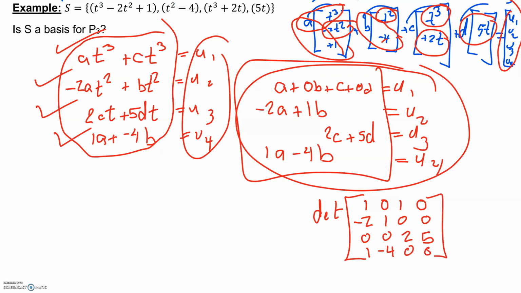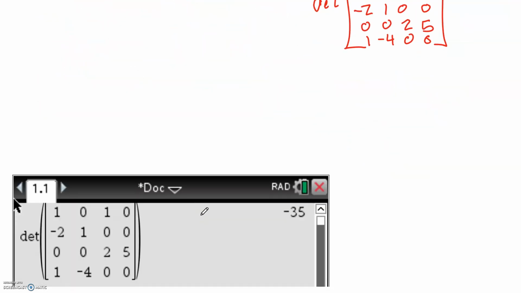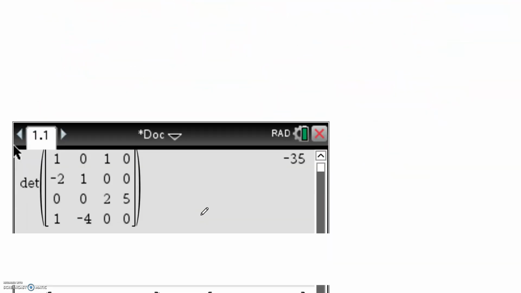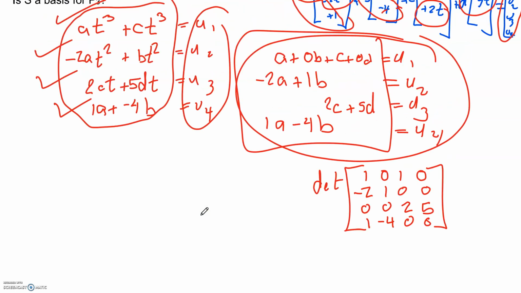Find out what this is. Now, I've already done this. I found that determinant. It equals negative 35. So this determinant doesn't equal 0, so there is a solution to this. So we are a spanning set. We do span the set.